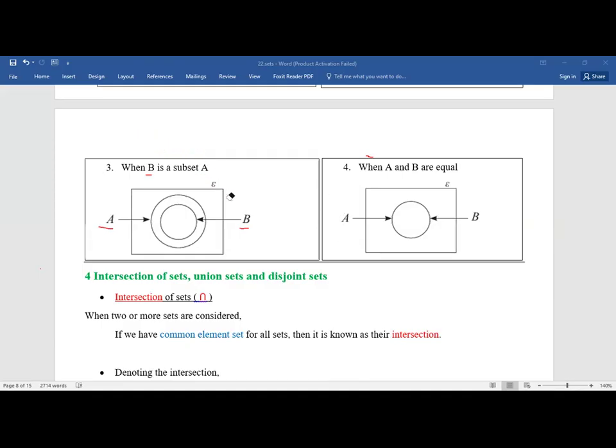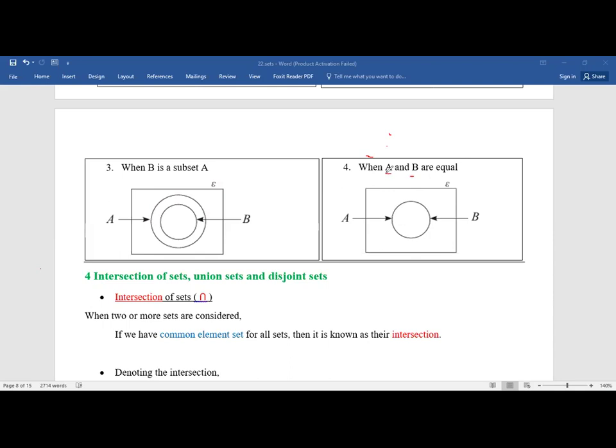Now, the fourth one. When A and B are equal, very easy. A has the same elements as B, like I explained in the equal sets. A has 1, 3, 5, 7. B is also having the same set of elements, 1, 3, 5, 7.